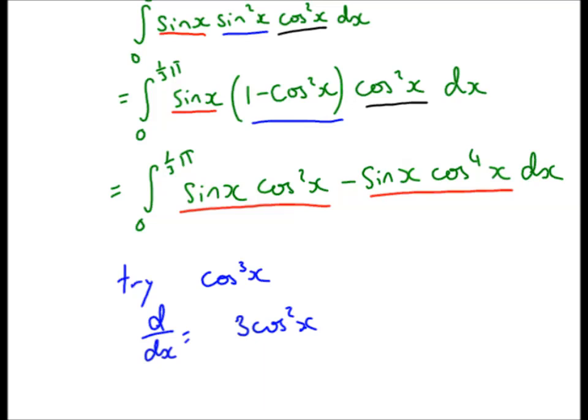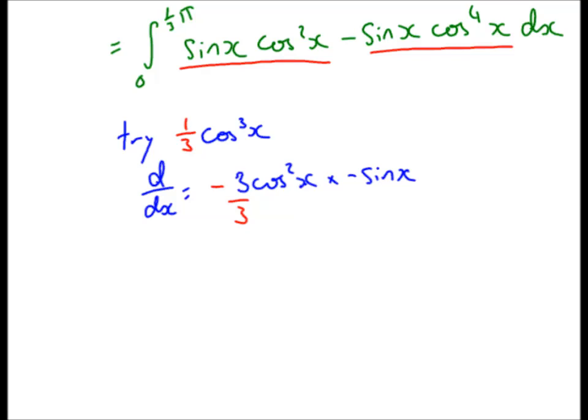When I differentiate cos x, I get minus sine x. So that gives me minus 3 cos squared x sine x, but we only want 1 sine x. So to change my minus 3 to a 1, I need to times by a third. So I'm going to times by a third at the start.